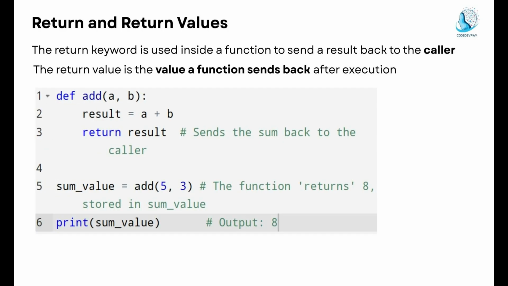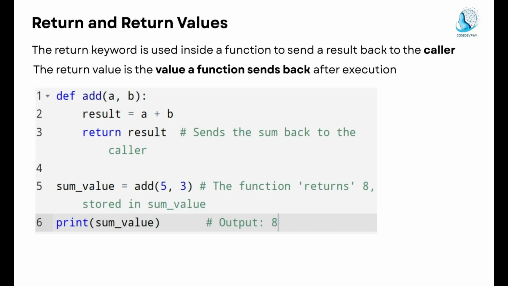The return keyword is used inside the function to send results back to the caller. So here, the caller simply means the code that we write whenever we are calling the function. For this example, the caller is simply add(5, 3) because that's the code that we use to call the function.